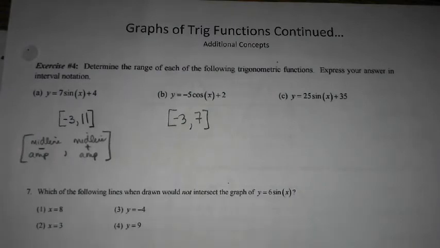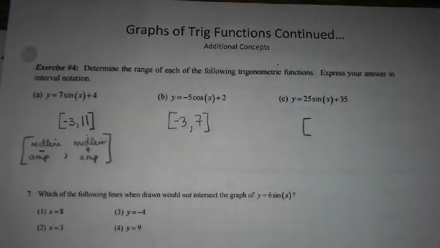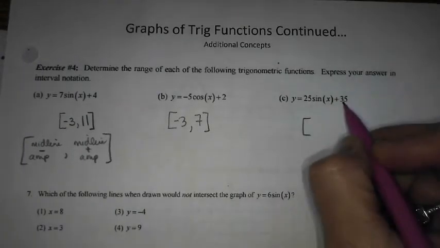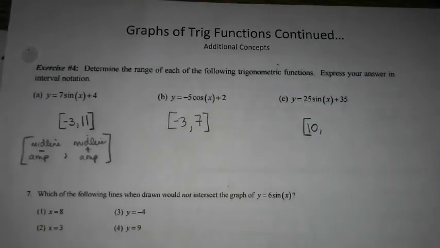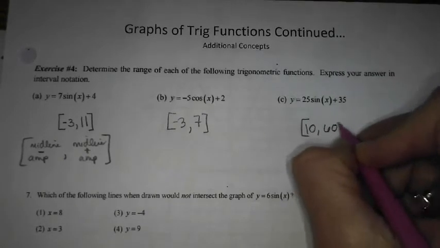And part C, Maddie, what do you think for your minimum? Yes, 35 is your midline. Go down 25, you're at 10. And your maximum, Kaylee? 35 plus 25? Correct.